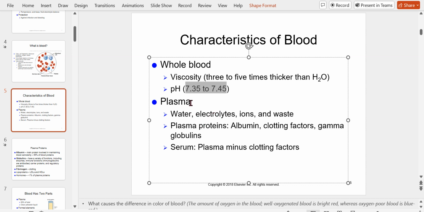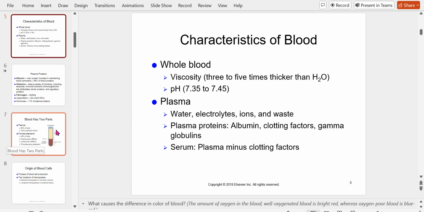Plasma. You know that kind of yellow ooze that comes out of a cut, that's what we're talking about, plasma. And you can see the precursor right here when we centrifuge blood. Put it into a centrifuge that spins it, and you'll see that the majority of blood is actually plasma.